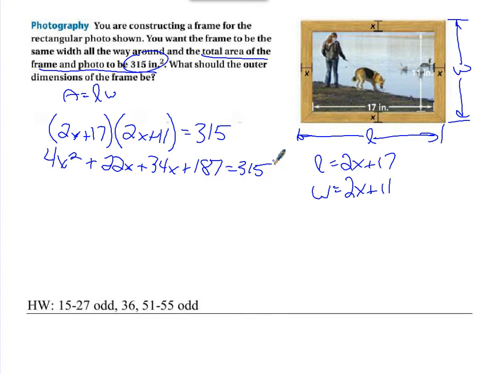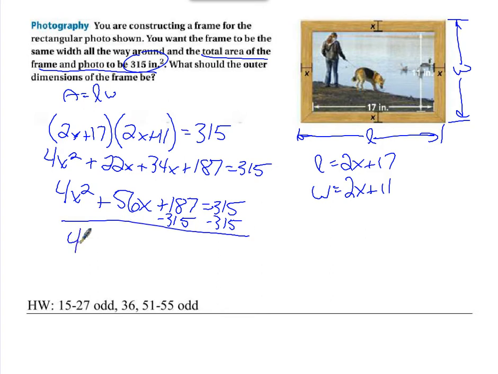Good, combine like terms. We have like terms right here. So now we have 4x squared plus 56x plus 187 equals 315. Now what? Yep, subtract the 315 to get equals 0 on the other side. 4x squared plus 56x.